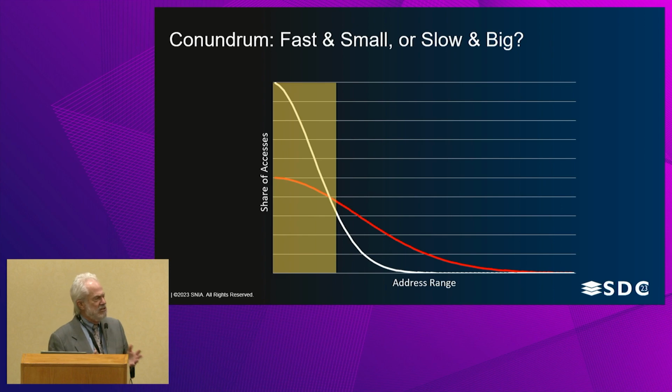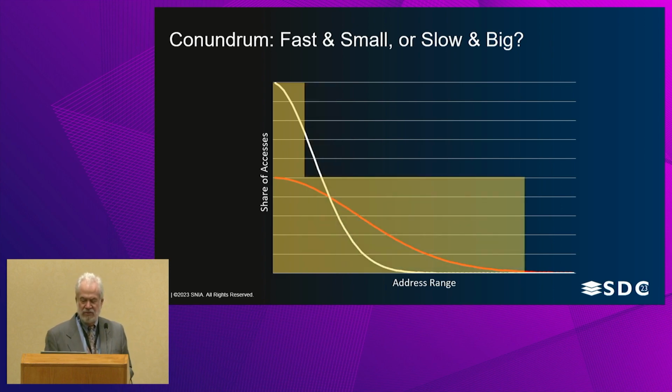And so an alternative that people who really think through this problem think about is, what if you took us back to the original amount of DRAM and you put in a great big slow NAND flash memory, an SSD? And this is why SSDs have become so popular, because you can do that. And you can see that the red is very well taken care of there. And the lower height of this means that you've got slower access.